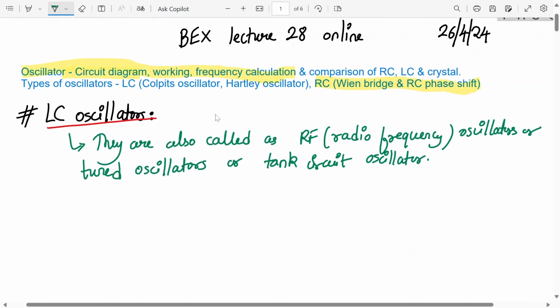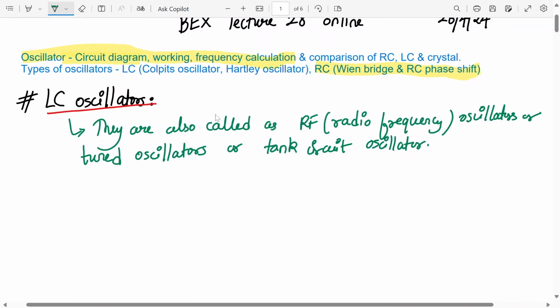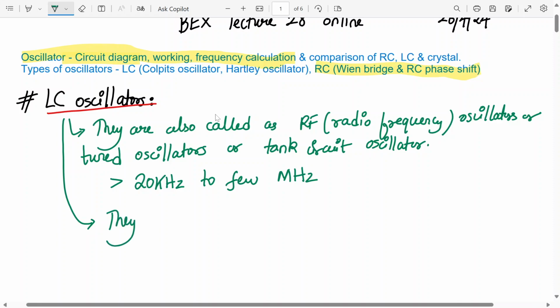They are used to produce an output, a sinusoidal output mostly, of a frequency ranging from a very high value, let's say greater than 20 kilohertz to a few megahertz, or tens of megahertz. So that's the value which they have, and they have two parts.